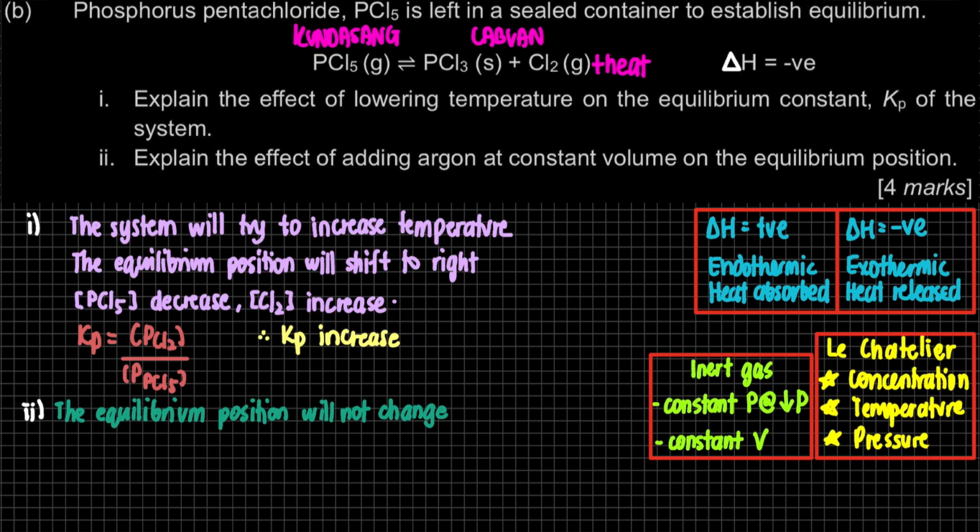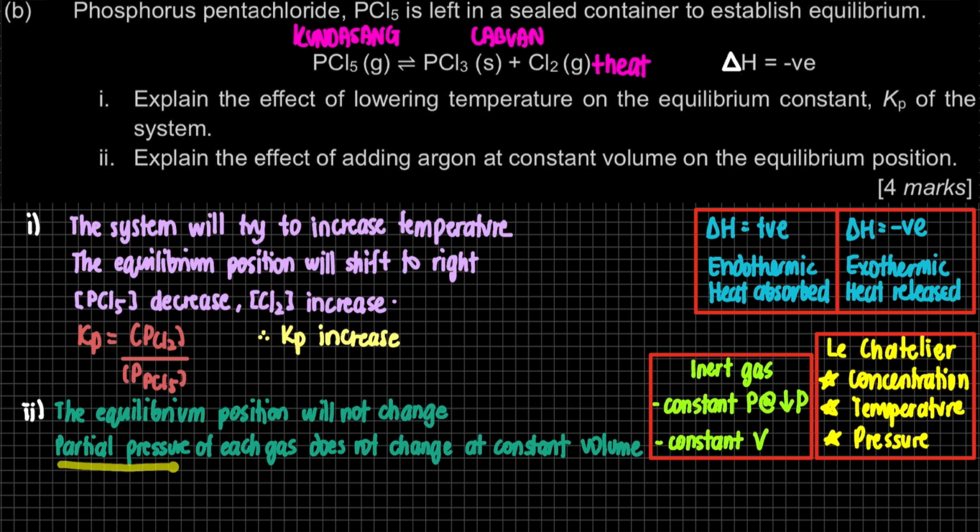But then we have to mention why adding inert gas at constant volume has no effect. What happens is that the partial pressure of each gas does not change at constant volume. For the reason why, again, I'm going to link the video in the description so you can refer back. Because you have to explain, not only mention that it does not change, you have to explain why.